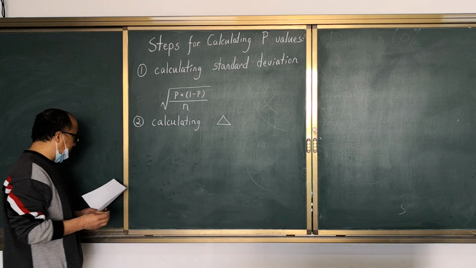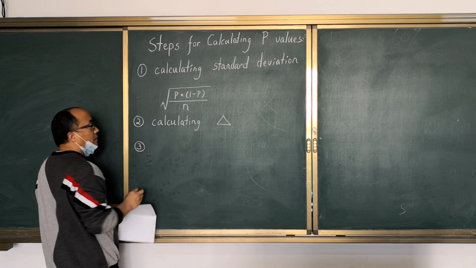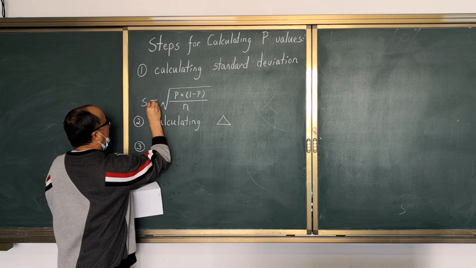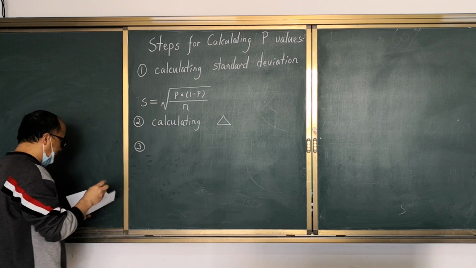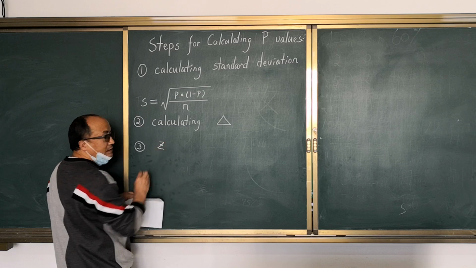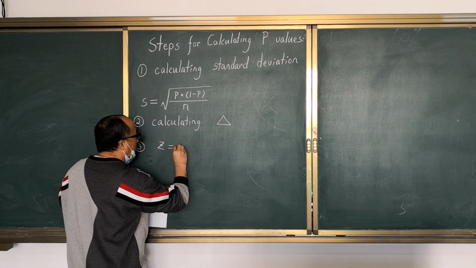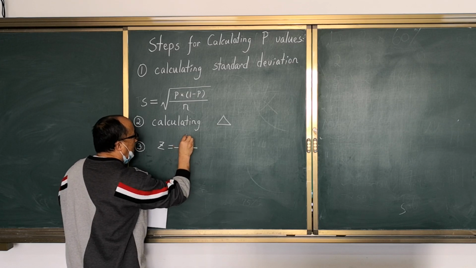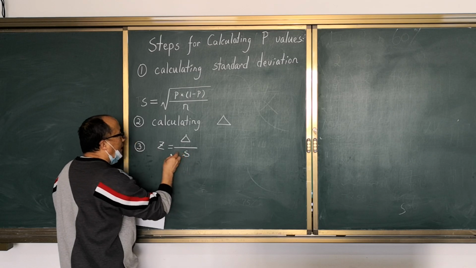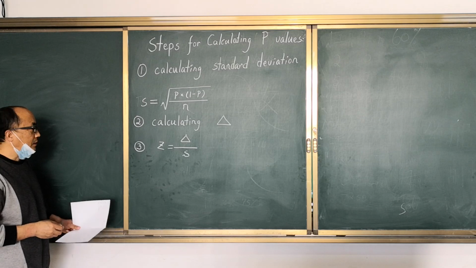It's easier. I can say this is standard deviation. Then we calculate the z-score. And that is this one divided by this one. Okay.